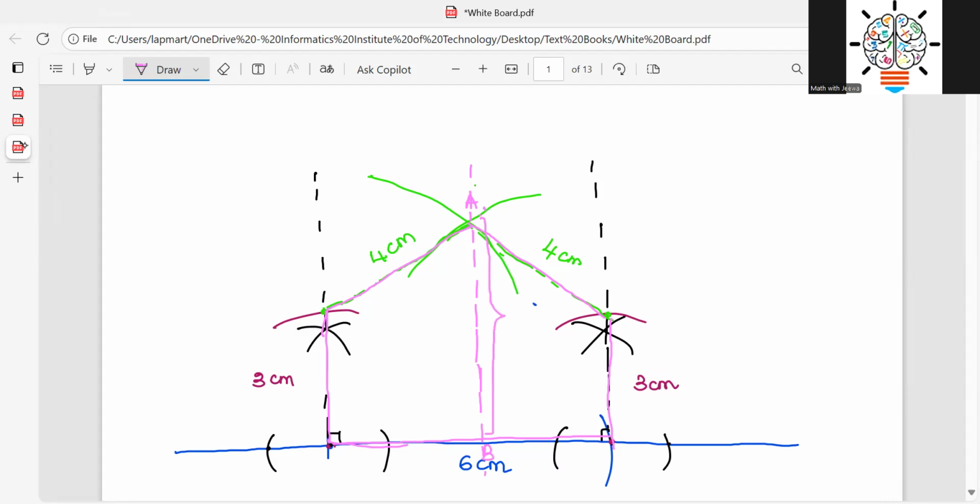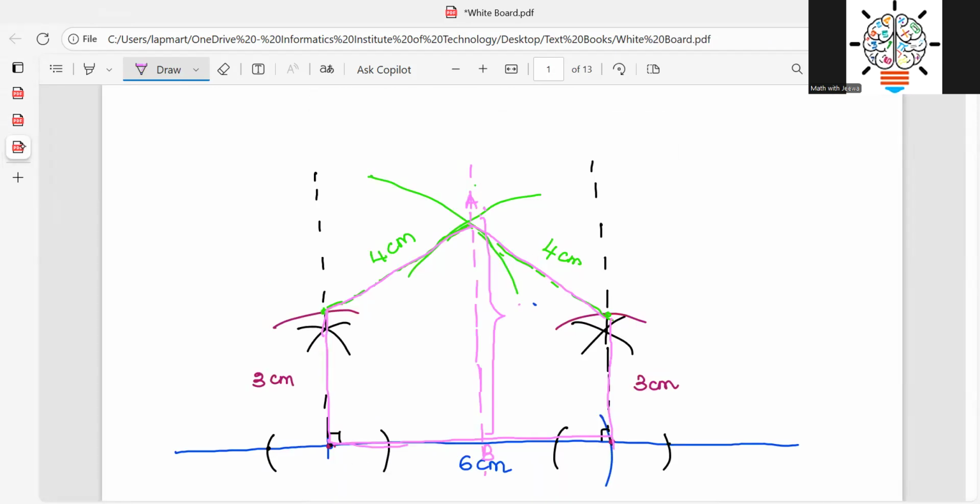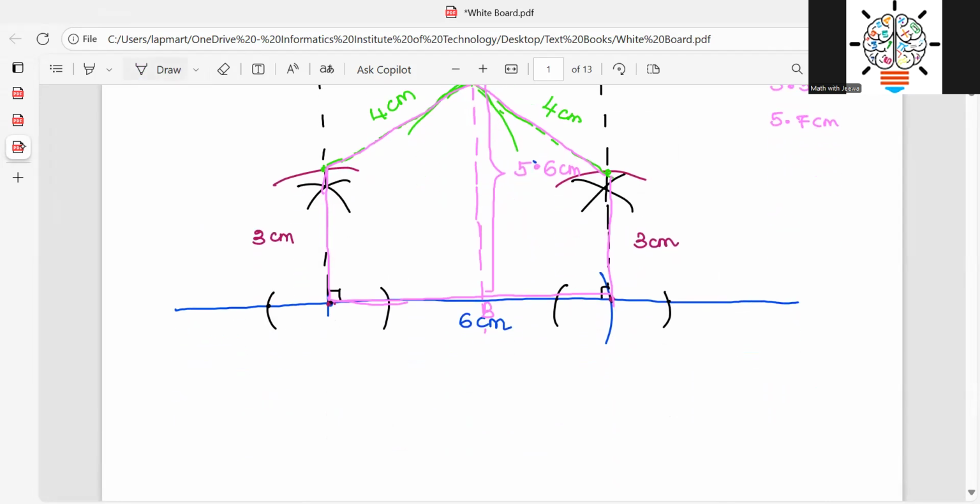If you have done this correctly, you should get something similar to 5.6 centimeters. It can be 5.5 sometimes, it can be 5.7 sometimes, right? There can be a slight difference, but this is how you want to do it. Now, in this drawing, you have 5.6 centimeters.